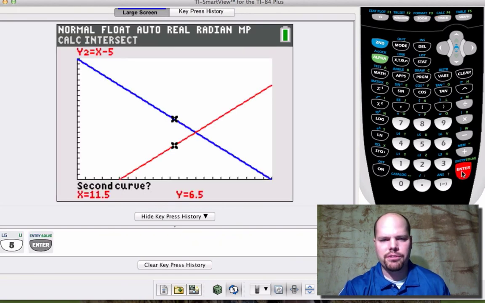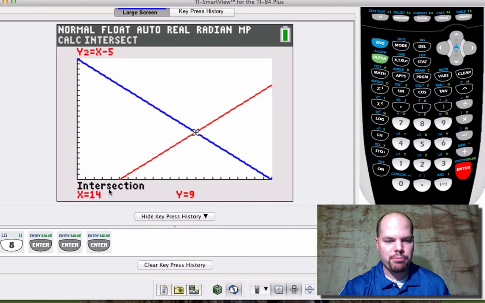I need to press enter. Second curve is y2. It jumps to that. Good. And my guess is just press enter because that's only going to intersect in one spot here. So I get x equals 14 and y equals 9, meaning there's 14 boys and 9 girls. There are 5 more boys than girls, and there's a total of 23 students, so that answer will check.